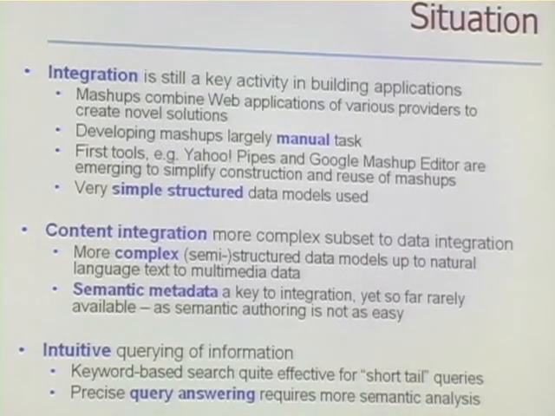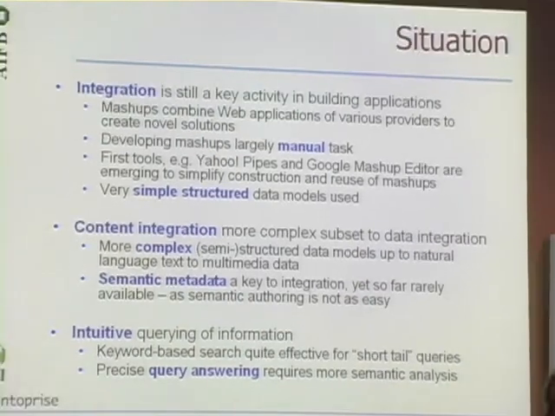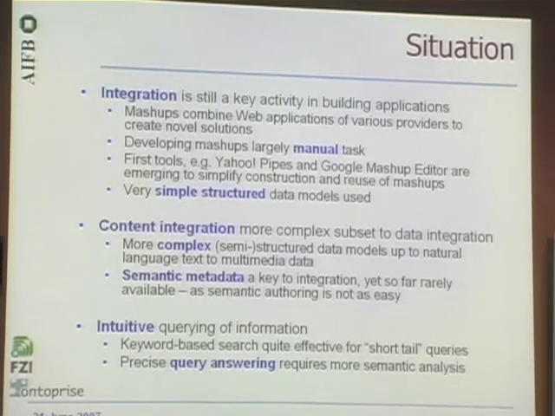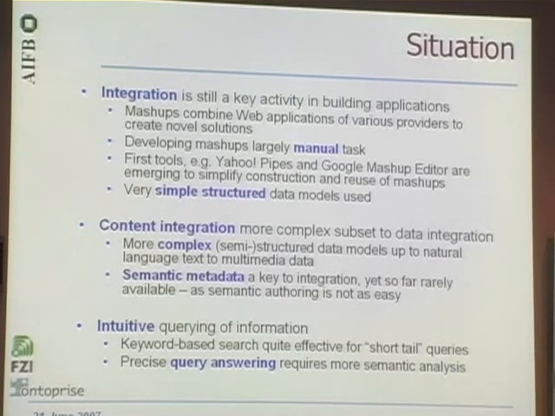And then the second aspect is when you think of how to access information sources. Well, we are all familiar with these keyword-based searches, and one could say, well, when you talk about what you could call short-tail queries in these very popular domains like music and that kind of stuff, that works very well.